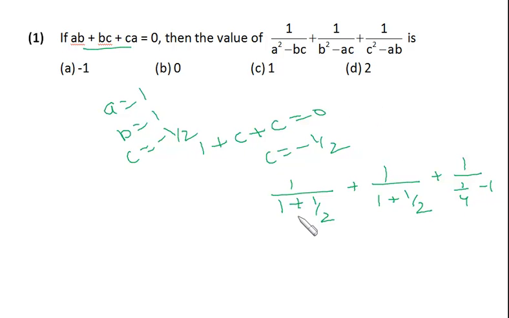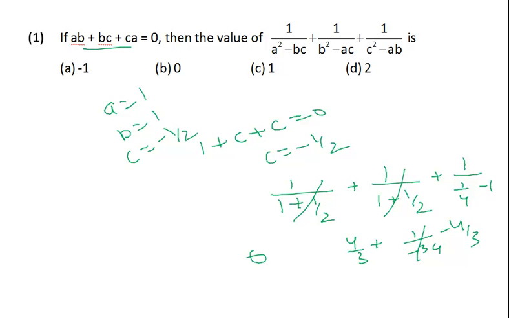So this is 1 upon 3 by 2, so it is 2 by 3, it is 2 by 3, so it is 4 by 3, plus 1 upon minus 3 by 4, so minus 4 by 3. 4 by 3 minus 4 by 3, 0.